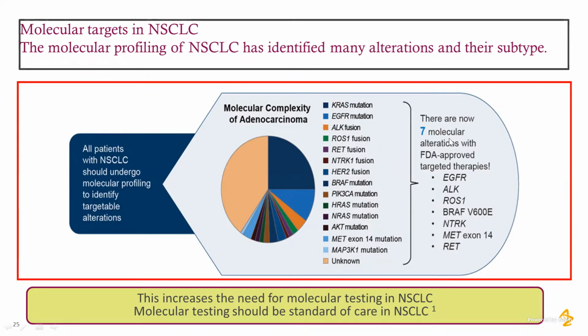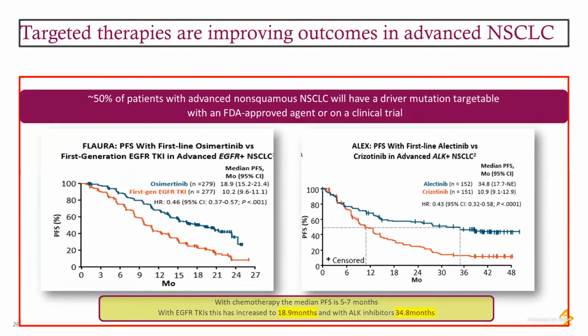But there are 7 molecular alterations which are FDA approved for targeted therapies, which include EGFR, ALK, ROS1, BRAF V600E, NTRK, MET exon 14, and RET. This increases the need for molecular testing in non-small cell lung carcinoma, and it should be the standard of care in these patients.